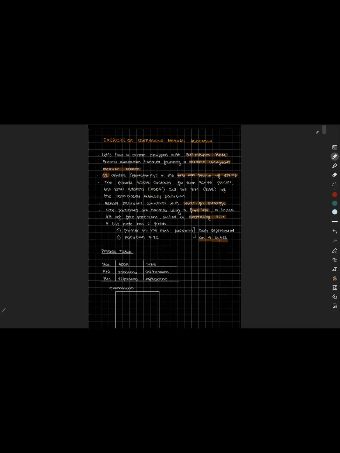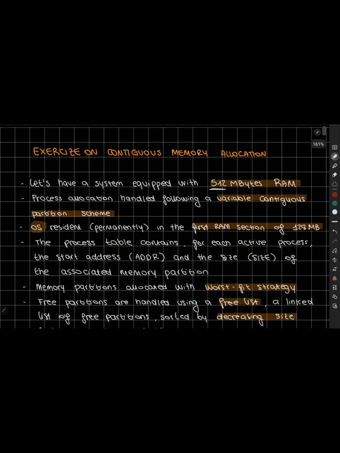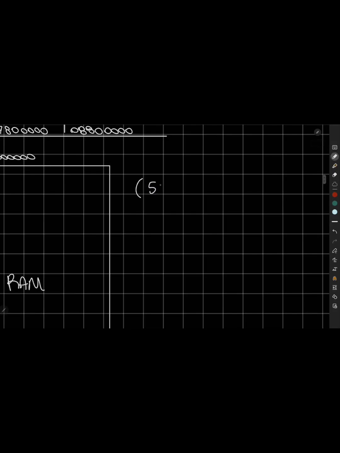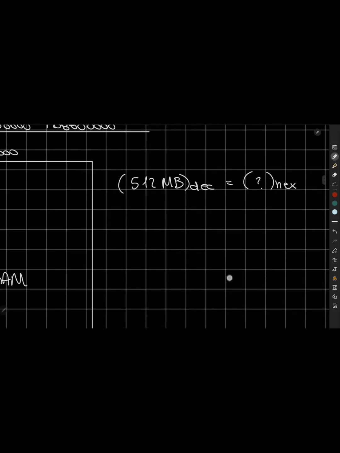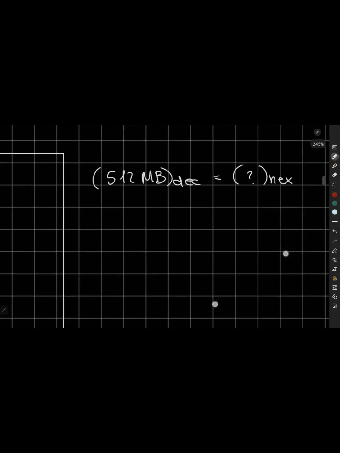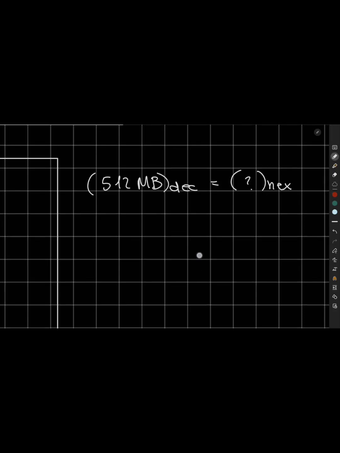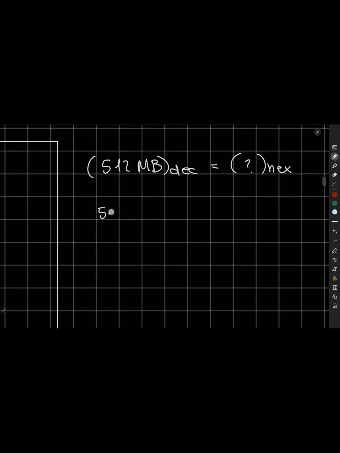To calculate it, we simply need to convert 512 megabytes, which is in decimal, into hexadecimal. Let's find a way to do it manually and in a simple way. First of all, I'm converting 512 by dividing by 16.